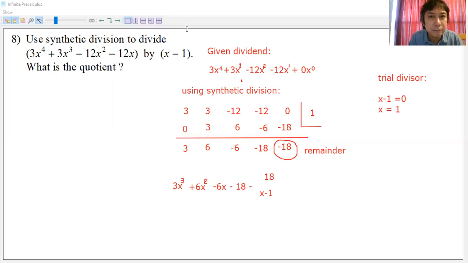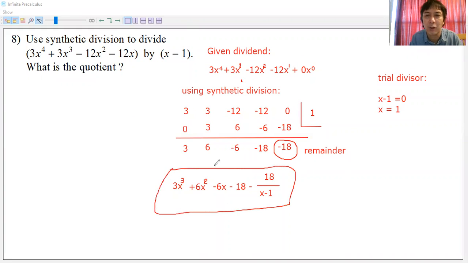Okay, and this will be the fraction line. All right, and so we can now encircle the final answer. Enclose. All right, and so this will be our quotient.